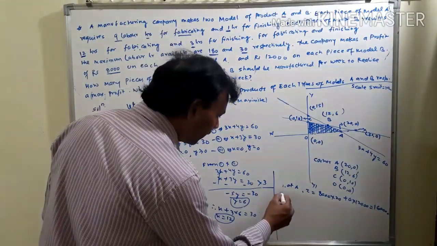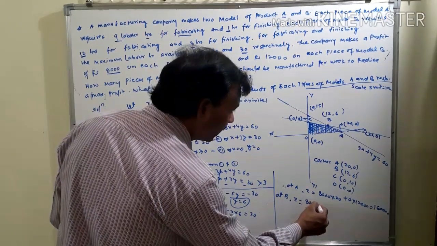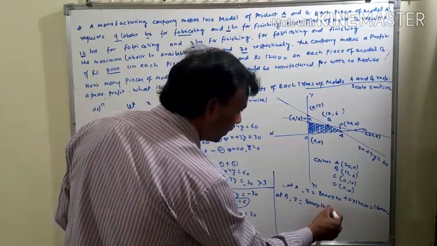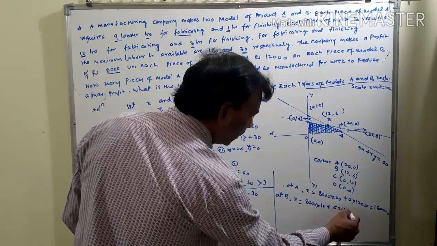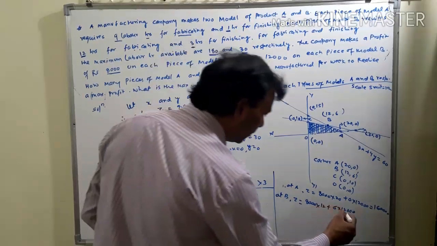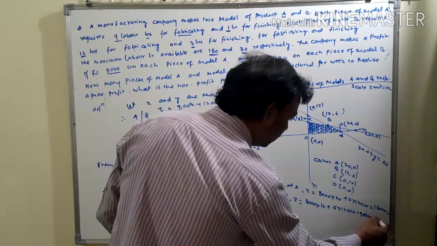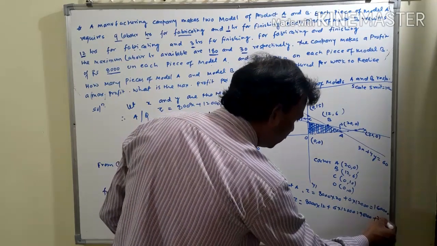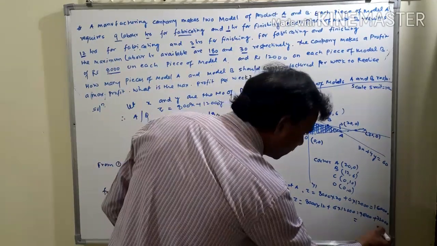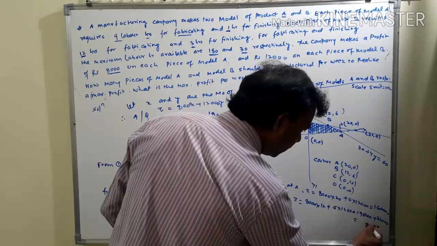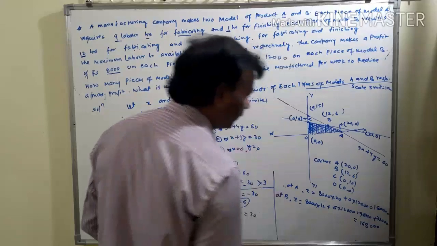Second, at B, z equal to 8,000 into 12 plus 6 into 12,000. This will be 96,000 plus 72,000, which is 1,68,000.